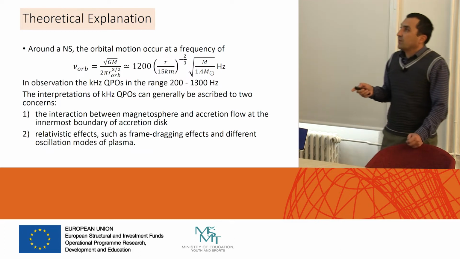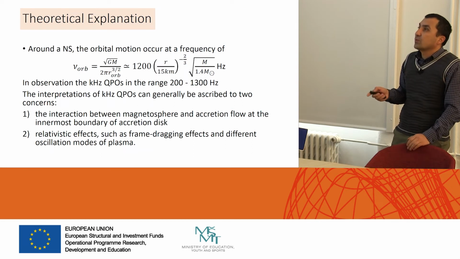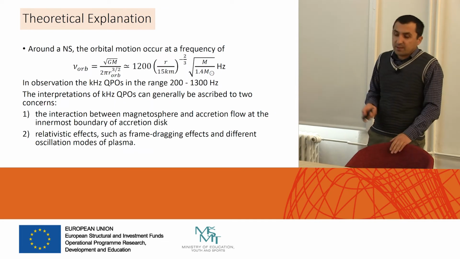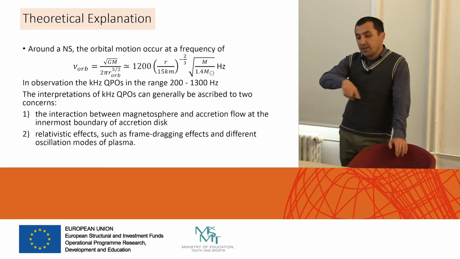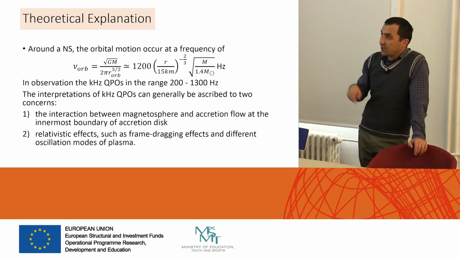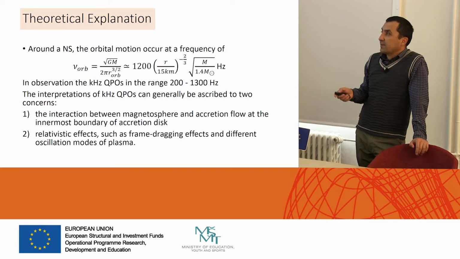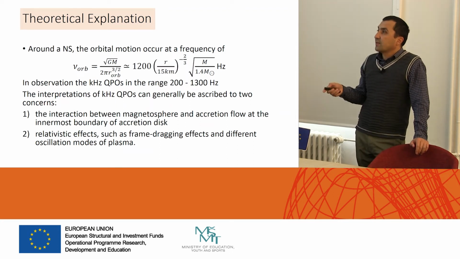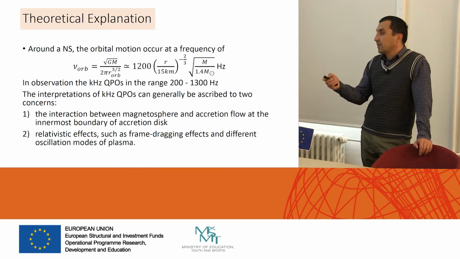Here the interpretation of kilohertz QPOs can generally be described by two components: the interaction between the magnetosphere and the accretion disk flow at the inner boundary of the accretion disk, and the relativistic effects of particles at the inner boundary of the accretion disk, such as frame dragging effects, since neutron stars are rotating objects, and the different oscillation modes of plasma in the accretion disk.